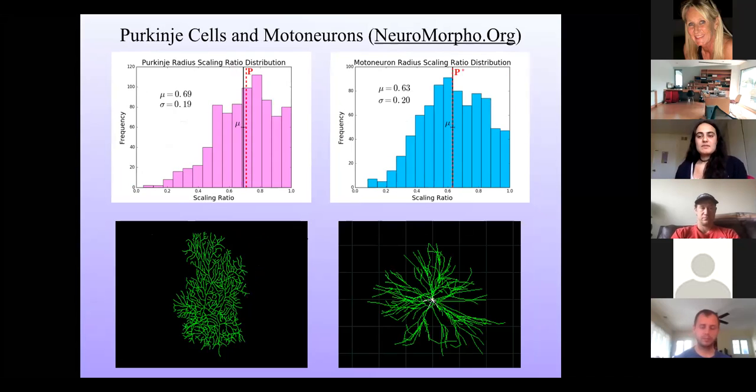So I chose to look at Purkinje cells and motoneurons initially because Purkinje cells are a classic example of neurons that project only in two-dimensional space, and motoneurons project in three-dimensional space.